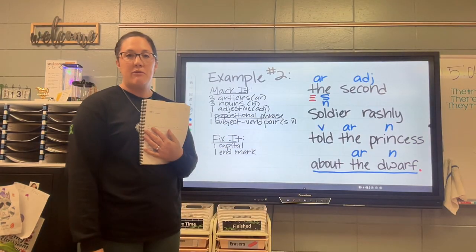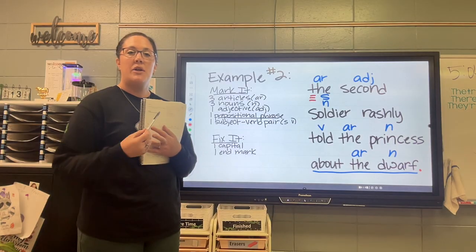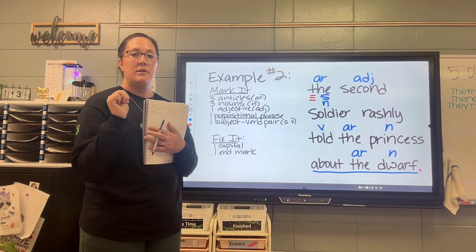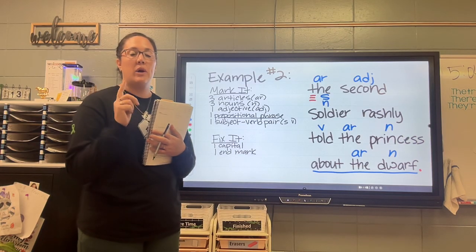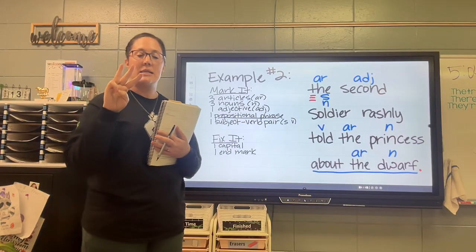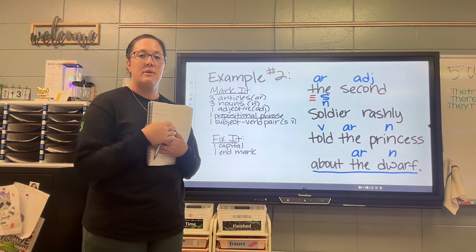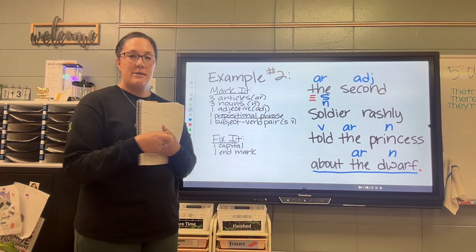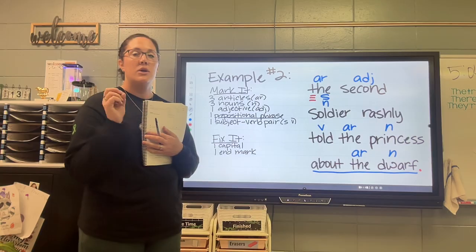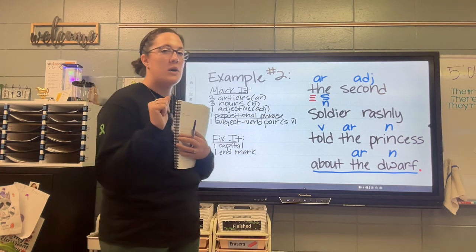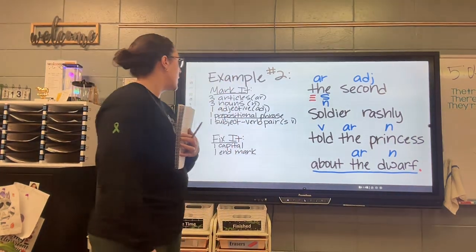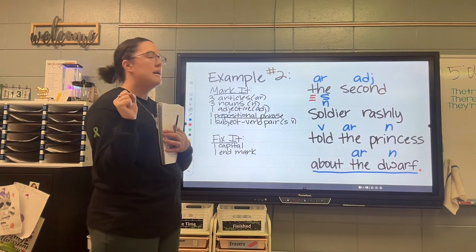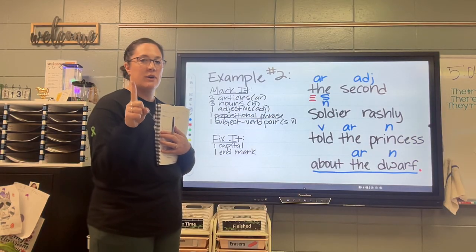Okay, here's a bonus word for you. I want you to write on your paper 3 examples of adjectives. Okay, if you want to, you can include what an adjective is, and then give me 3 examples of adjectives. Another bonus question is, give me an example of a prepositional phrase.